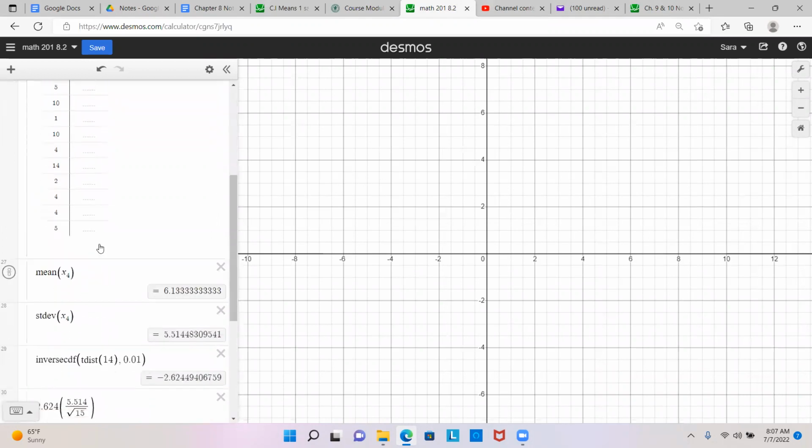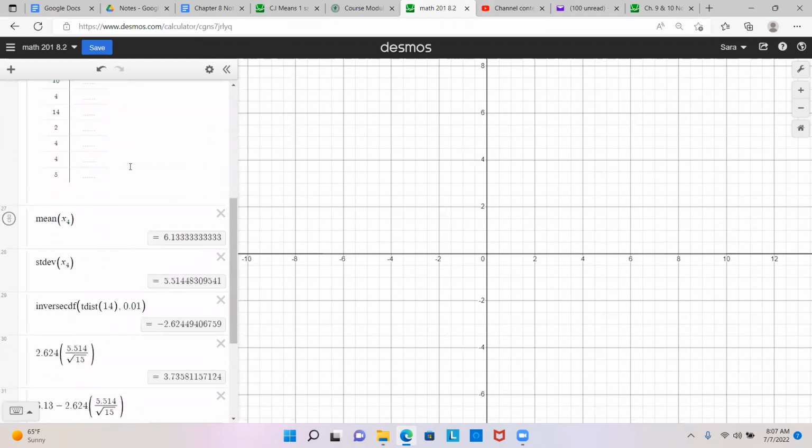So there's our data. So our mean is 6.133. And then sample standard deviation is 5.14448. And then our T, because alpha divided by 2 is 0.01, so our T is 2.62.